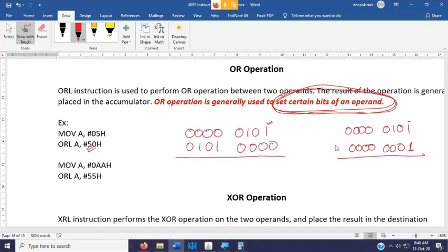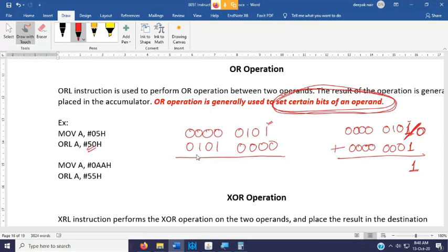So if I do that, whether this bit was 0 or 1 does not matter. After this operation, this bit will become 1 for sure. I am just going to make it 1 forcefully. So this is the operation for ORing.